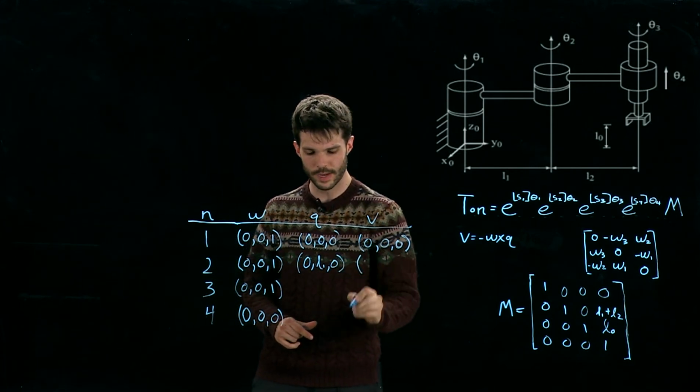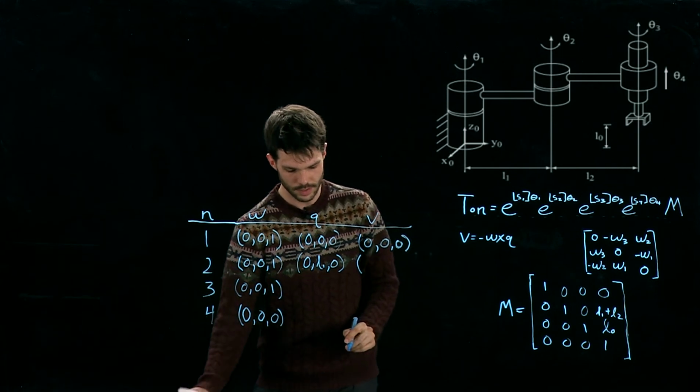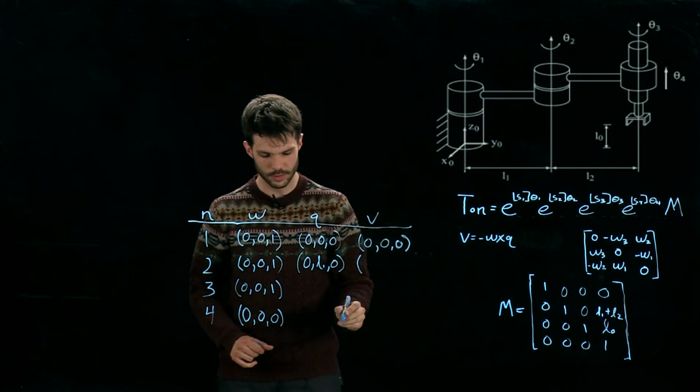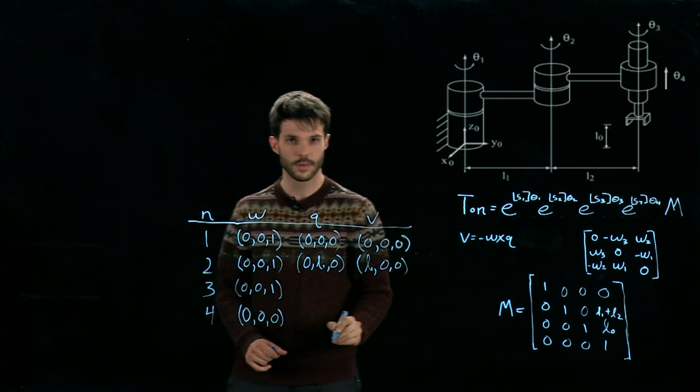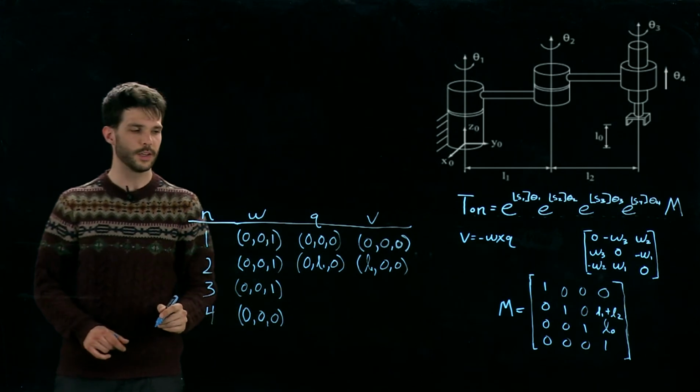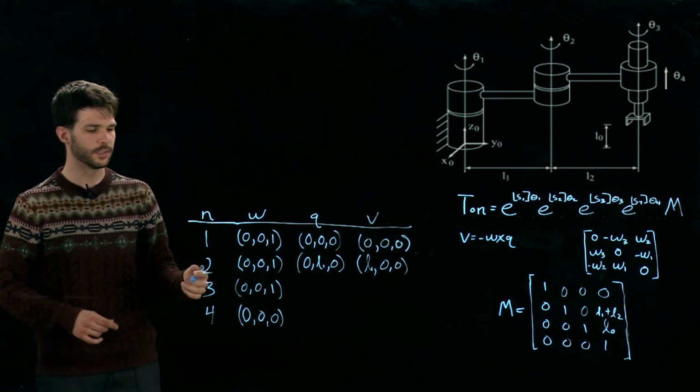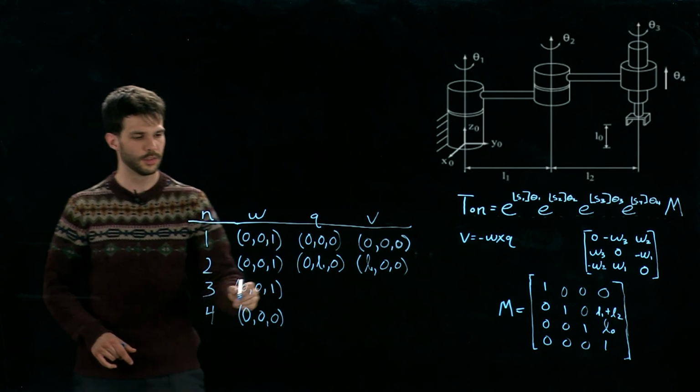And so if we calculate the cross product of these, the negative cross product is going to give us L1, 0, 0.